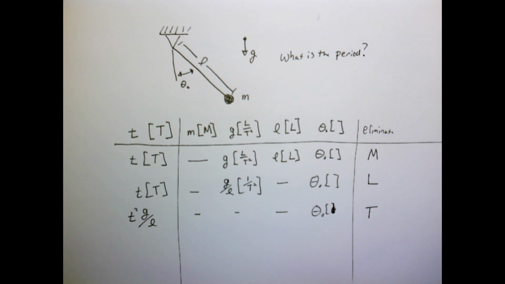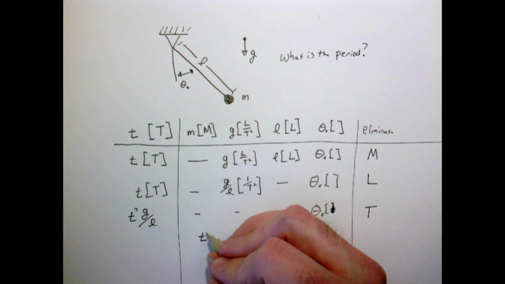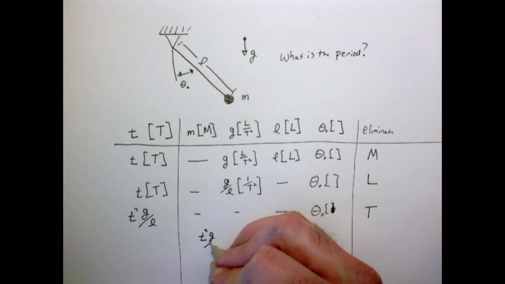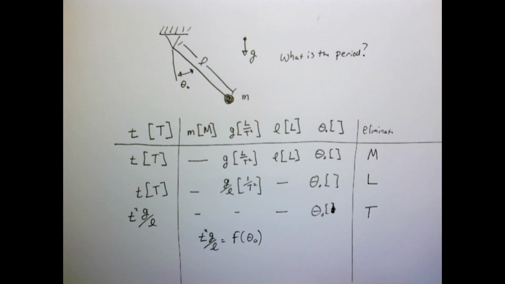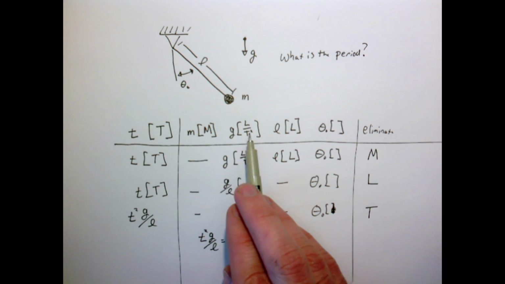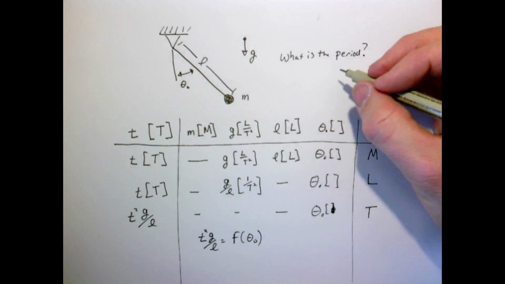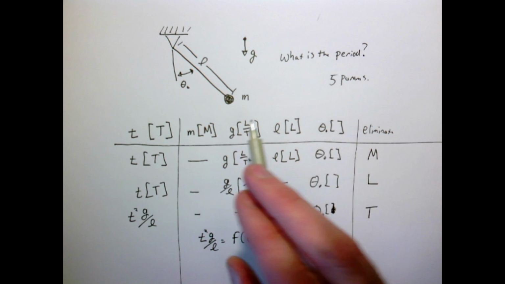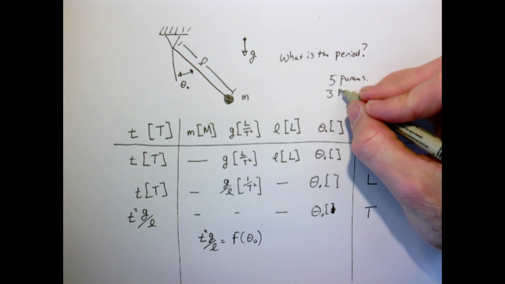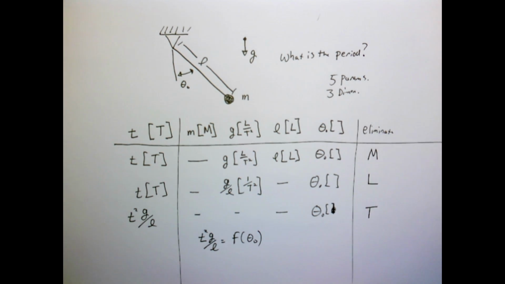So what the dimensional analysis tells me is that the parameter t squared g over L is some function of the initial angle theta naught. This has reduced the problem quite significantly, because before I had 1, 2, 3, 4, 5 parameters expressed in 1, 2, 3 dimensions.